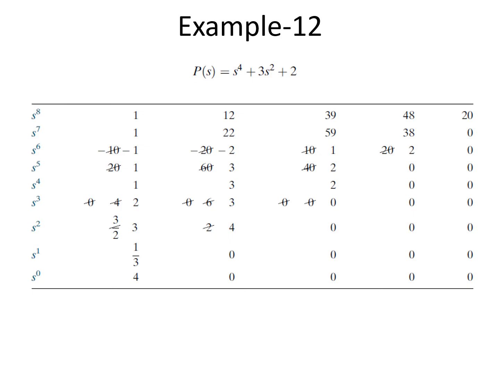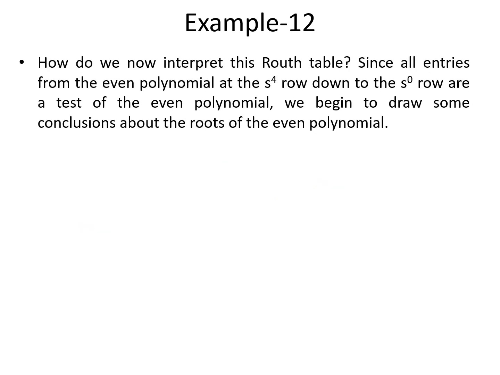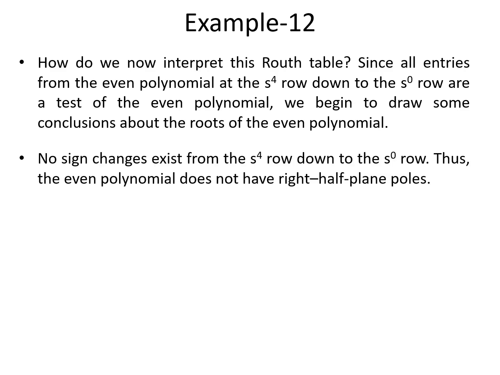After simplification, we verify the first column to check the sign changes. If you observe here also, we have two sign changes, and the system is said to be unstable because you have two roots which lie in the right half of the S plane. So this is another example which is quoted.